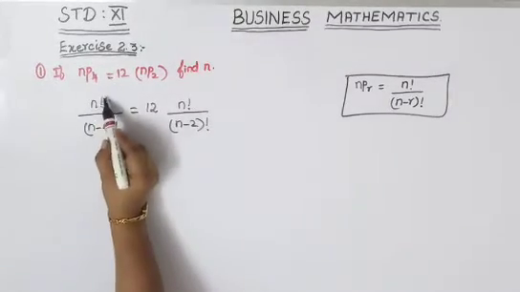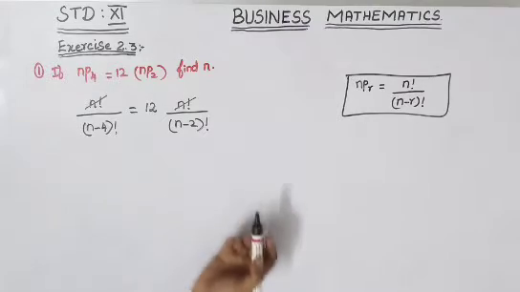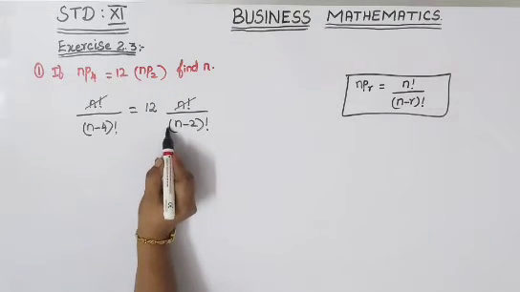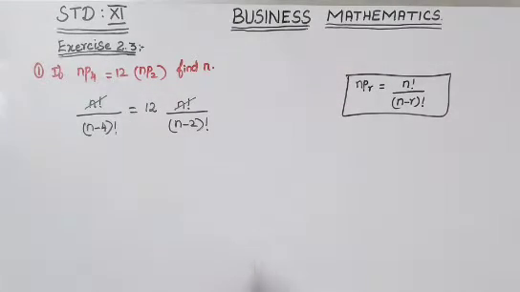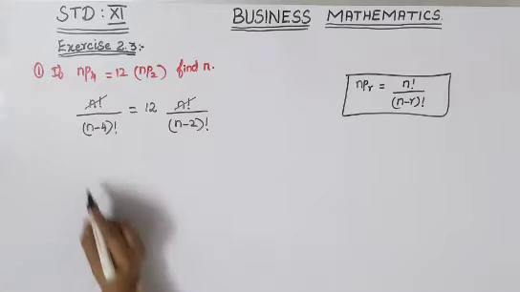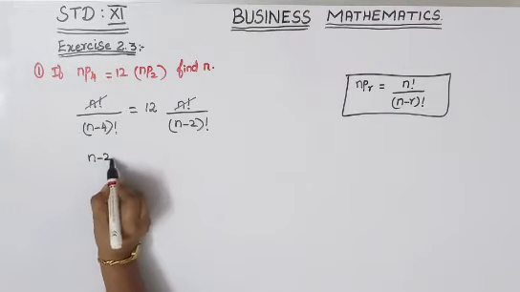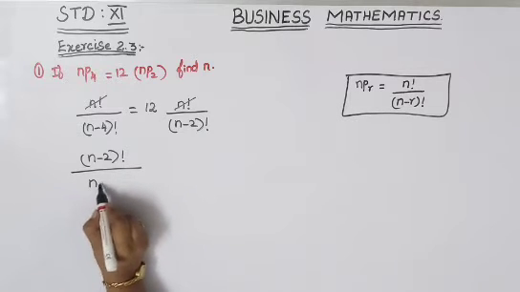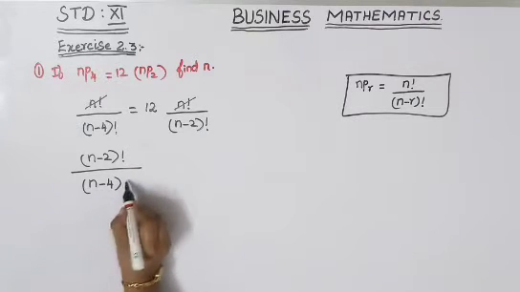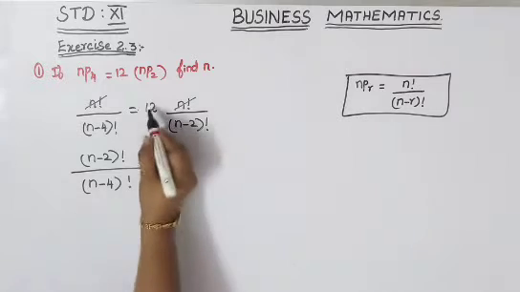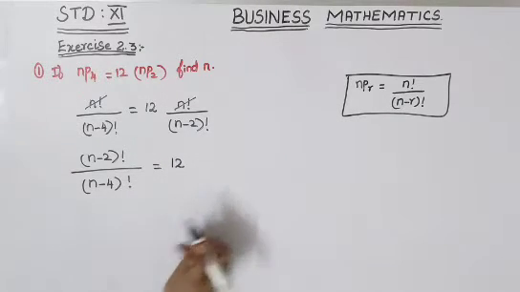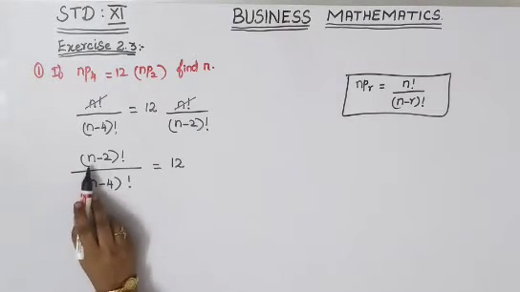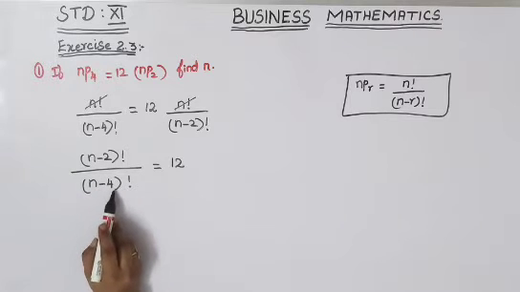Now this n factorial and n factorial we can cancel. Take this (n minus 2) factorial towards your left hand side, so that it will come to the numerator. So it is (n minus 2) factorial divided by (n minus 4) factorial, which is equal to 12. Now just expand this (n minus 2) factorial down to (n minus 4) factorial.